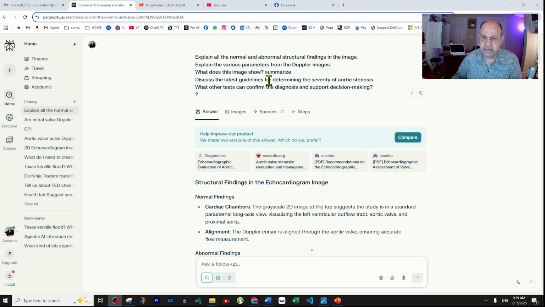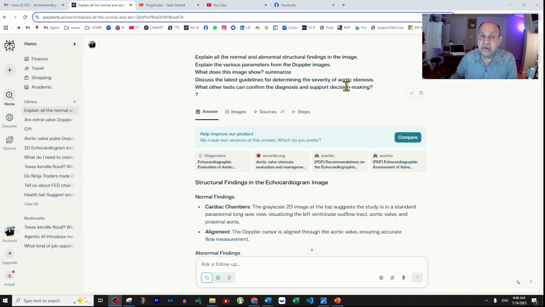Summarize. Discuss the latest guidelines for determining the severity of aortic stenosis. What other tests can confirm the diagnosis and support decision making? So these are the questions we have to ask. The crux is in asking the right type of questions when it comes to AI, so we can streamline everything that is appropriate.